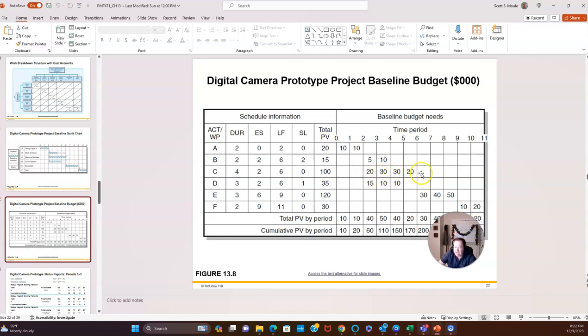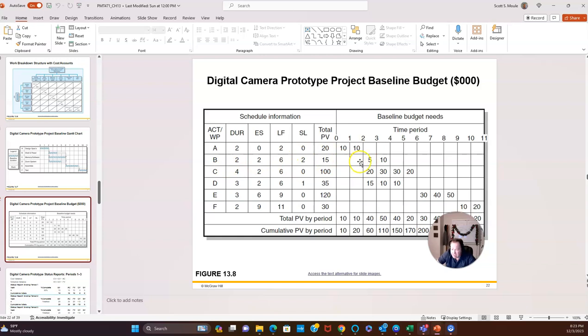So you plan it out over each month. This shows how much money you were planning on spending and delivering month over month for your project.